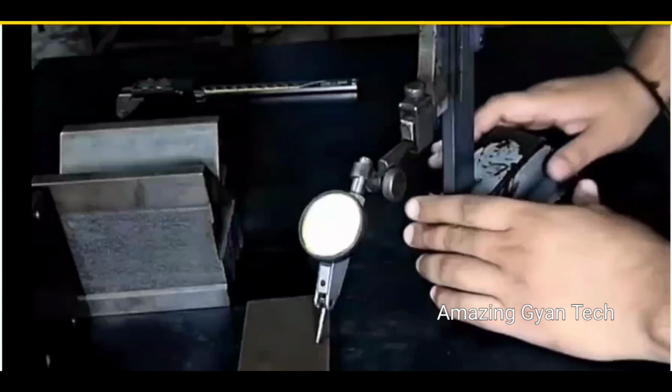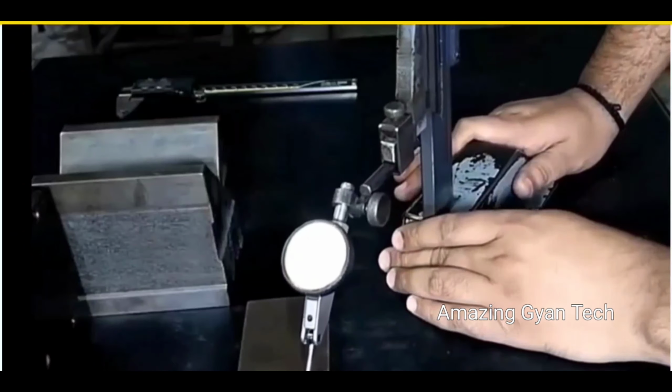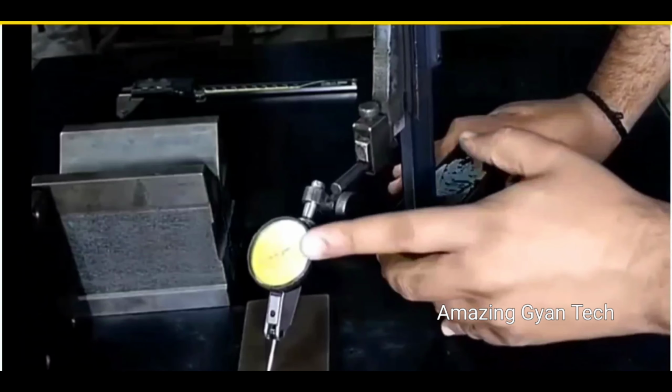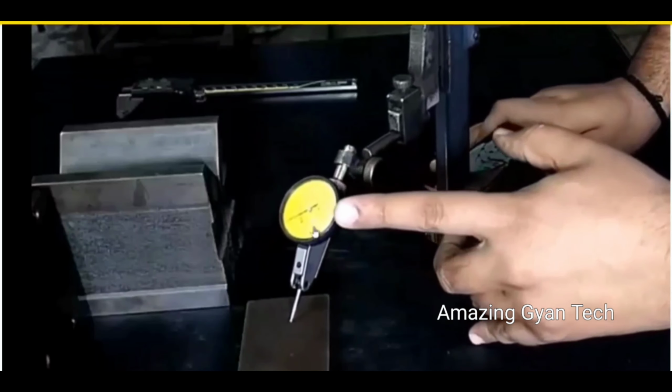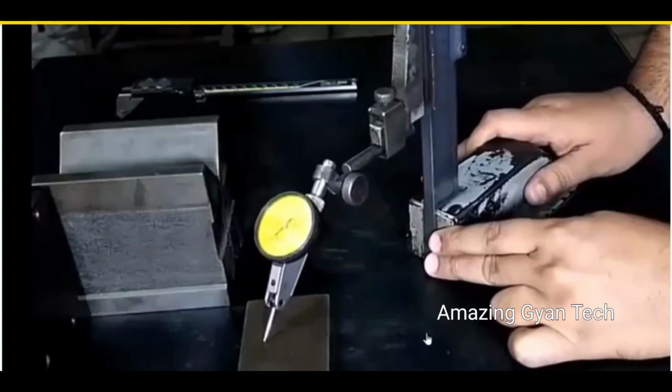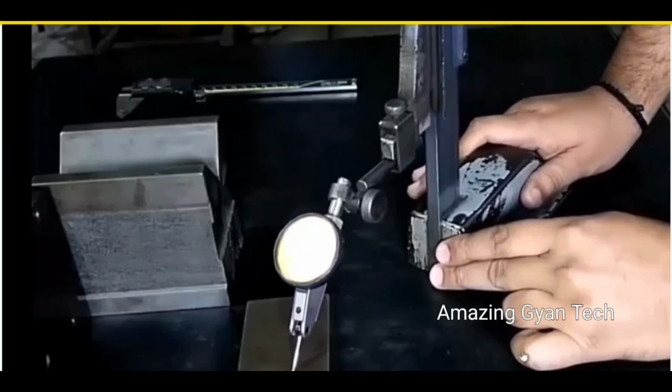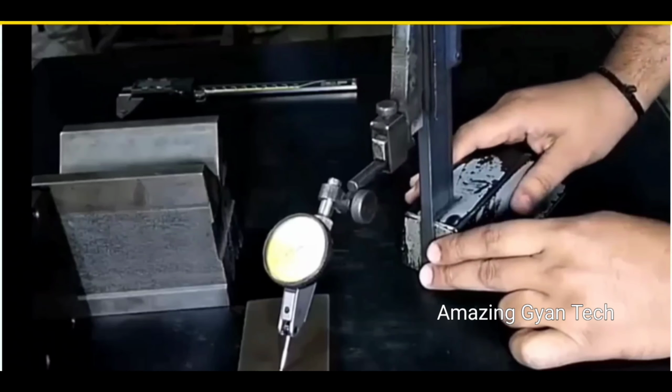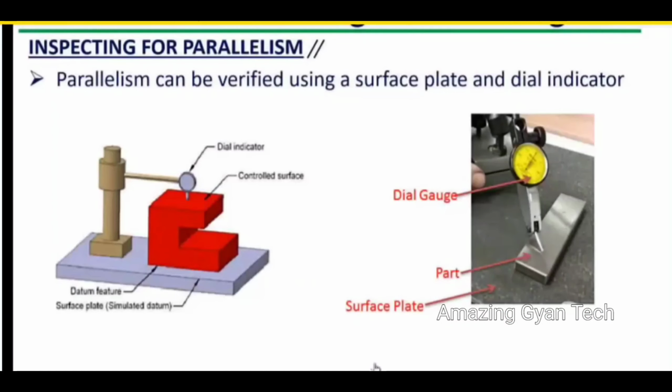If the deflection in the dial gauge is coming within the tolerance specified in the drawing, then this component is accepted. You can see the deflection slightly here. It's not showing too much, so within the tolerance zone, this component will be accepted. Okay, this is the method.